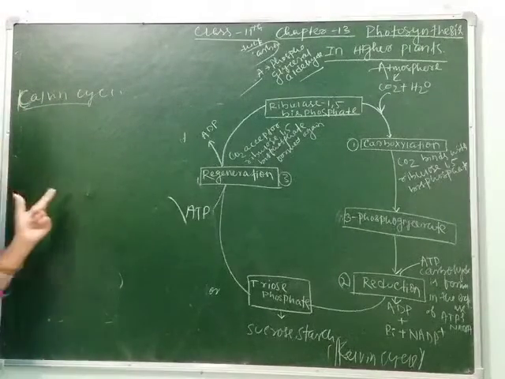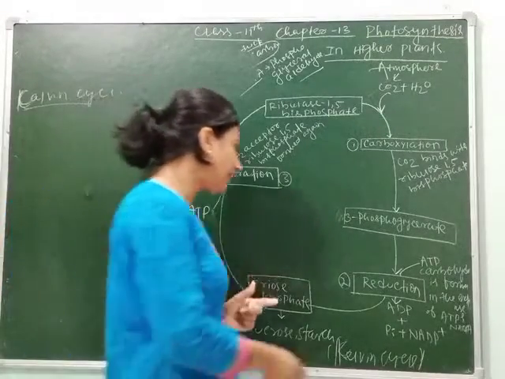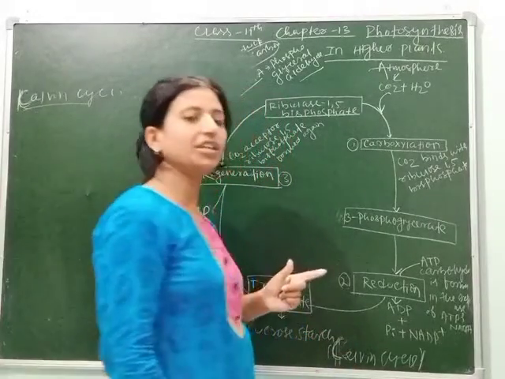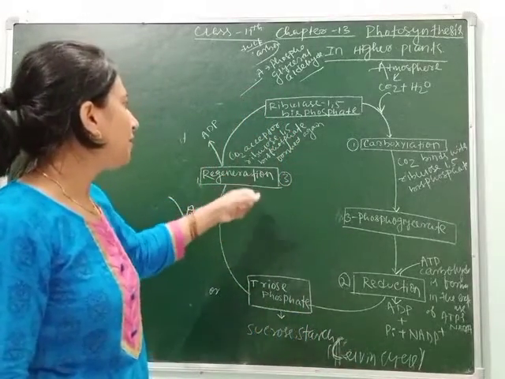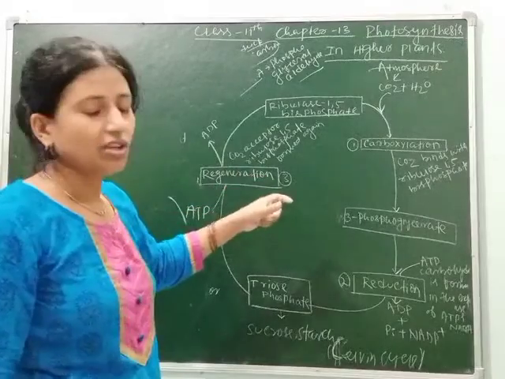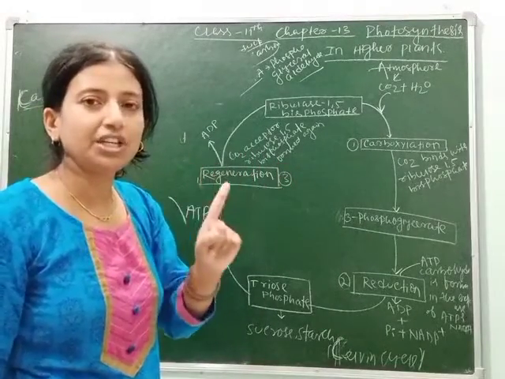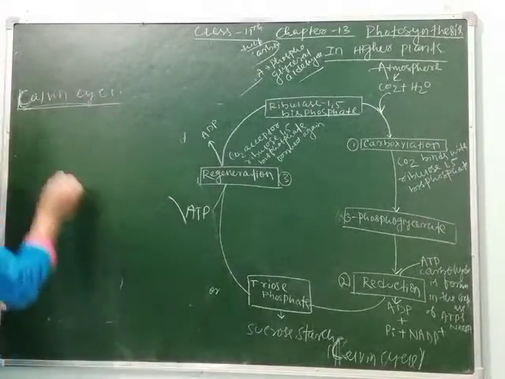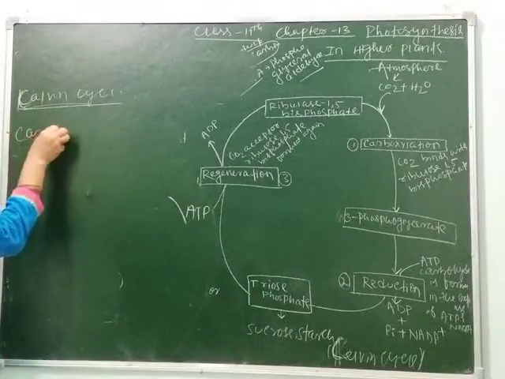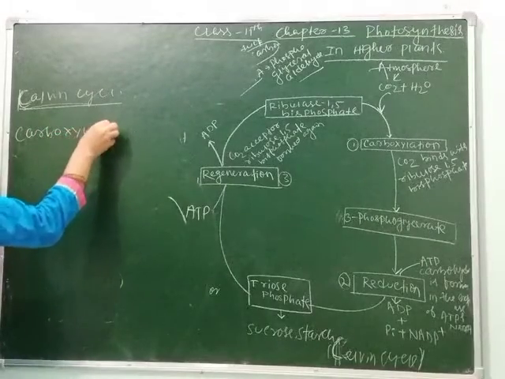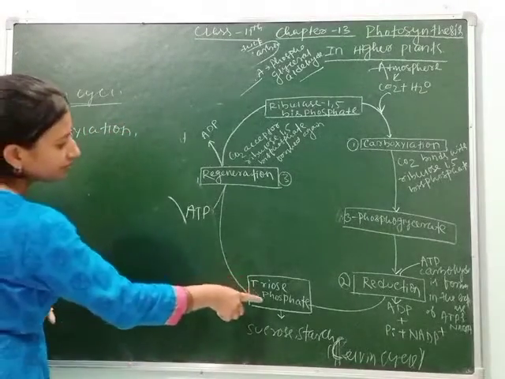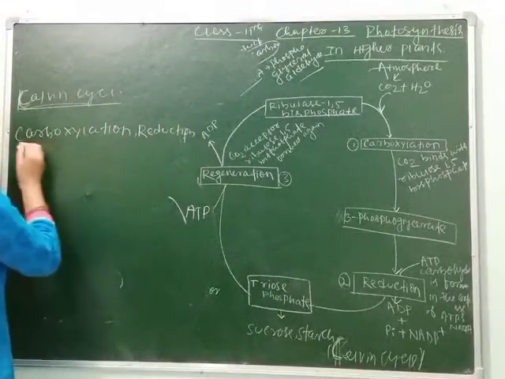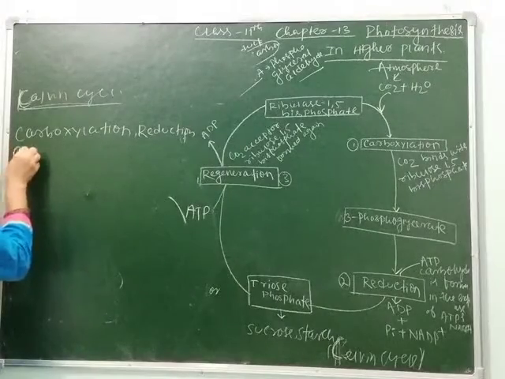But for our understanding of Melvin Calvin's experiment, we need to understand which processes are used for the production of a single molecule of glucose. So the Calvin cycle is completed through 3 steps. The first step is carboxylation. The second step is reduction. And the third step is regeneration.